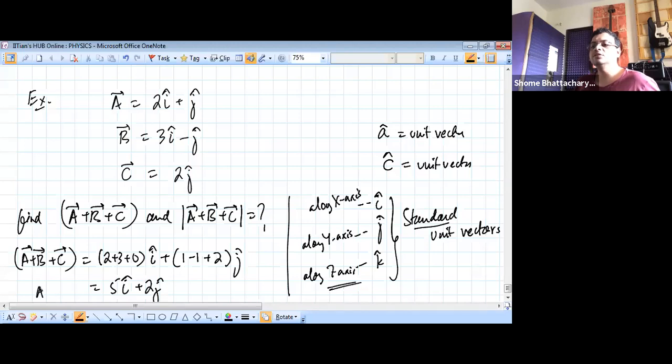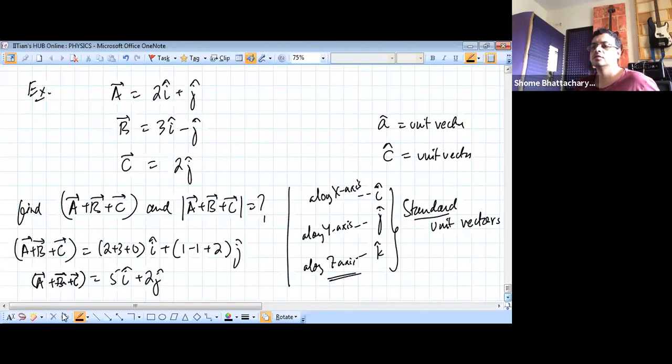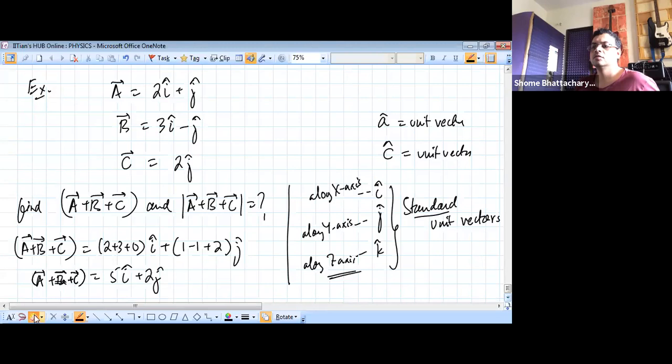And magnitude is very simple. Now just use the formula. So it will be root of 5 square plus 2 square. So root of 29 will become the answer. Yes, that's correct.